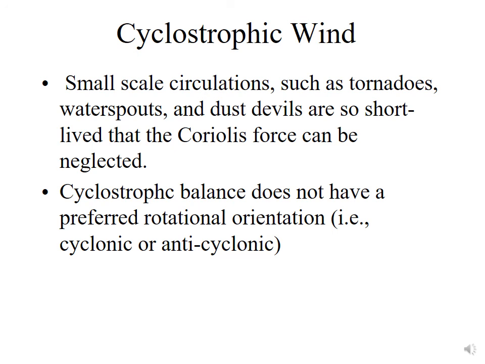Tornadoes in the northern hemisphere, in the United States anyway, do not have a 50-50 balance. They are actually 90% cyclonically rotating, and 10% anticyclonic. So basically 90% rotating counterclockwise and 10% rotating clockwise.